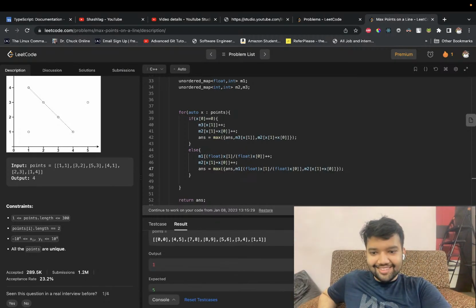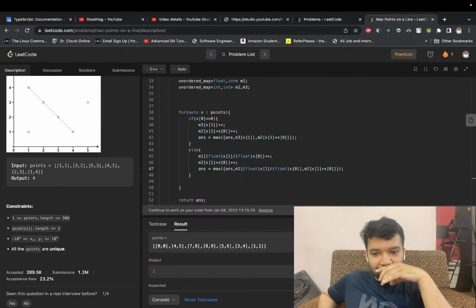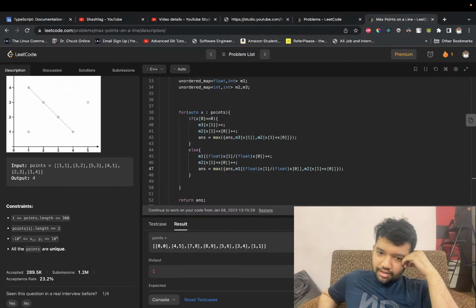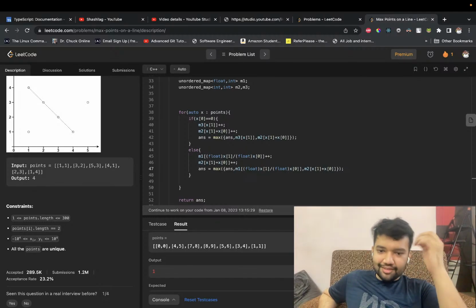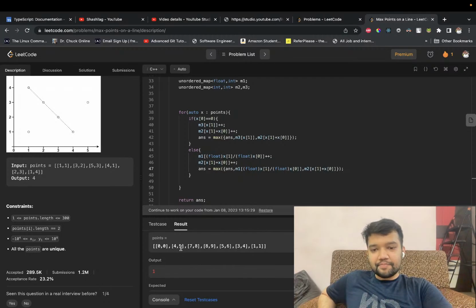Okay, 0 will go in M3. Actually, when I see it, it's actually not the correct solution, because in this case none of them will have the same slope.